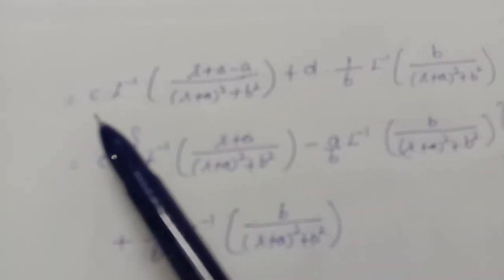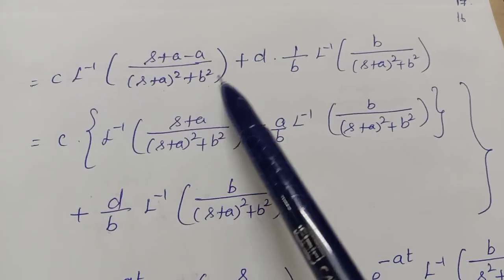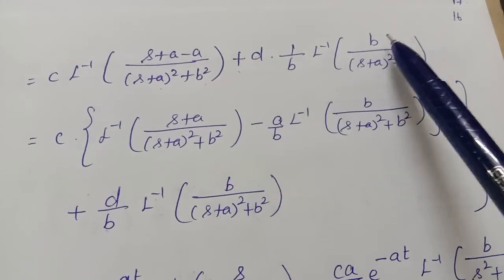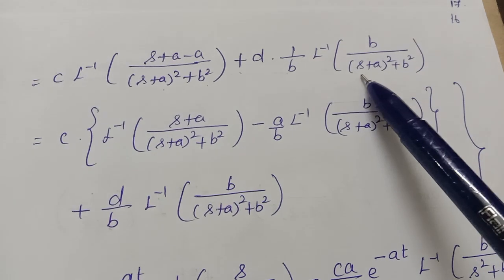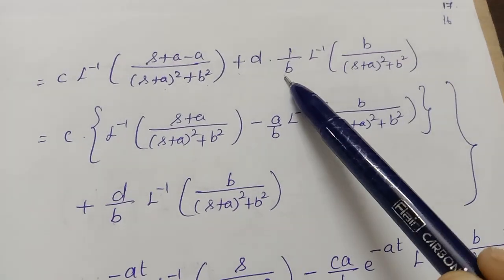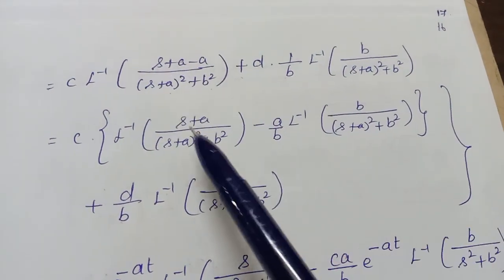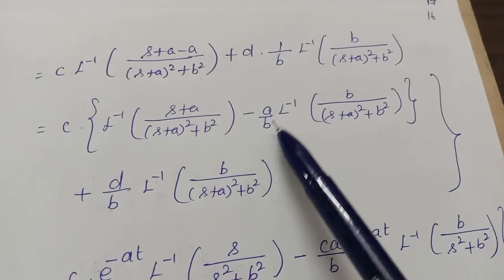Okay. So C into L inverse of s plus a minus a by s plus a the whole square plus b square, plus d into, I am multiplying and dividing by b, because here I am having s plus a the whole square plus b square, no. So that b I am multiplying and dividing here. And write this as two separate terms, s plus a as one term, another term with minus a, right?